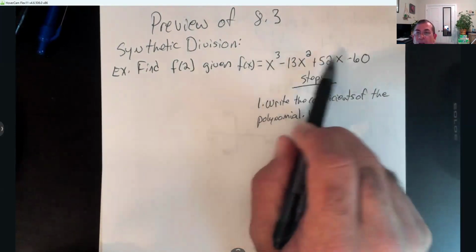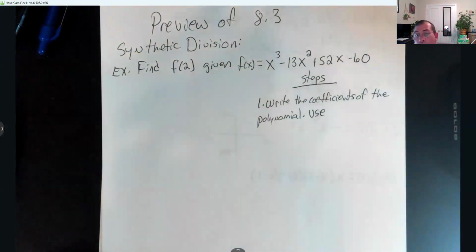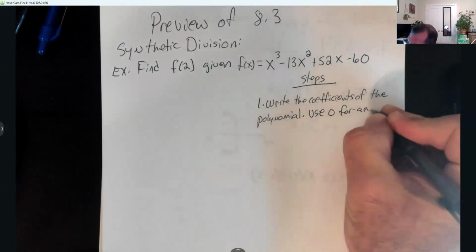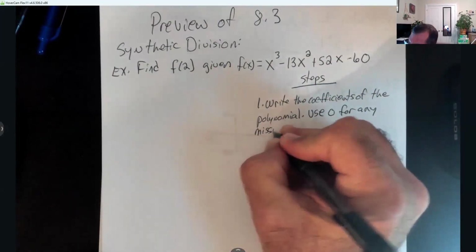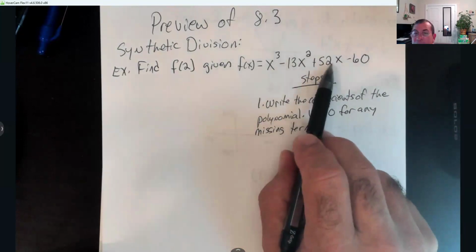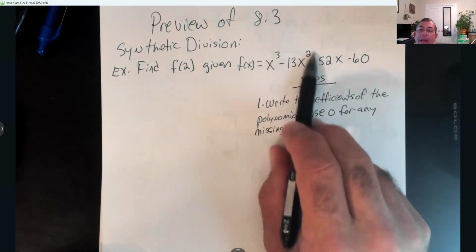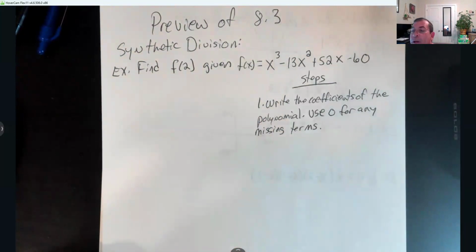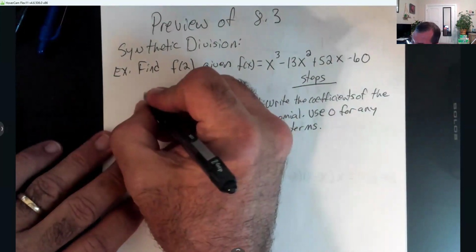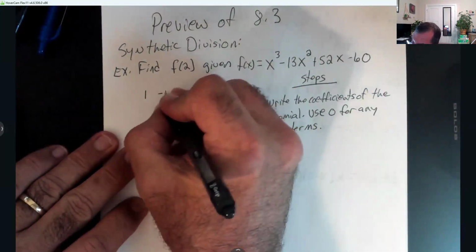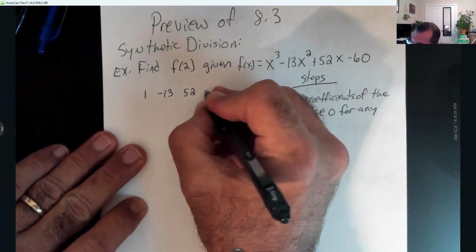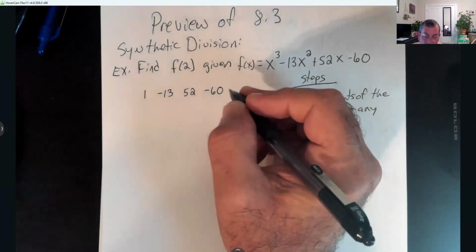If there was stuff missing, we would use 0 for any missing terms. So say they gave me an x3, 52x, and 60. If I didn't have the x squared term, I would have to use a 0 for its coefficient. All right, so the first thing we're going to do, write our coefficients. We got a 1, negative 13, 52, and negative 60.